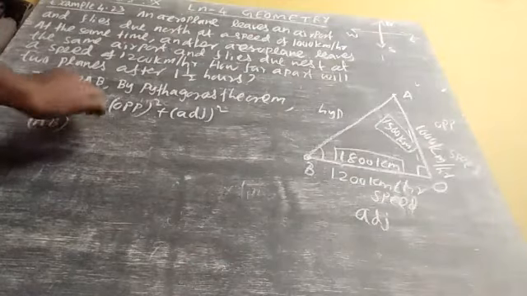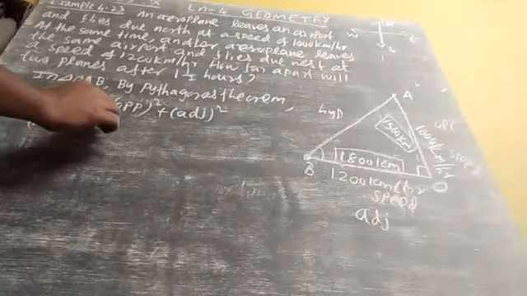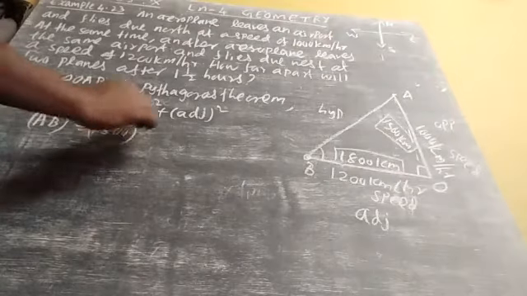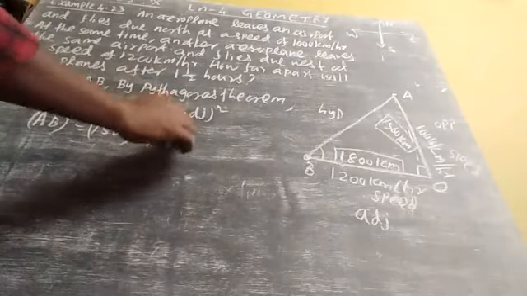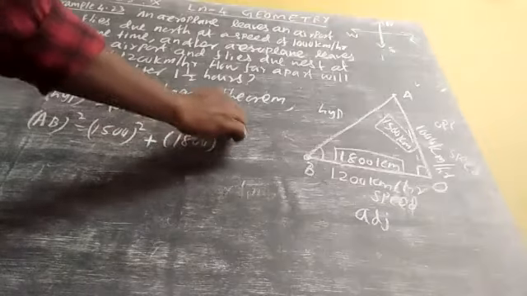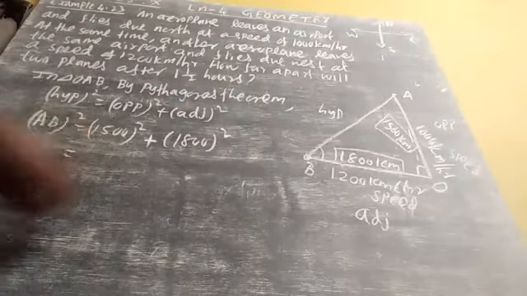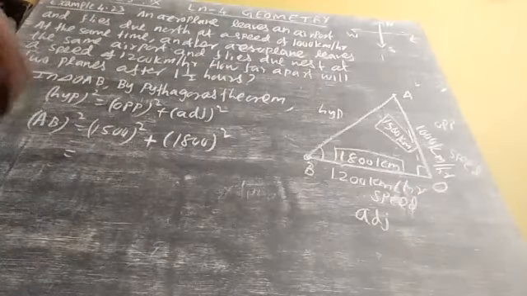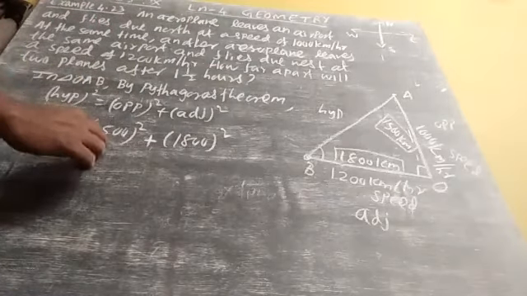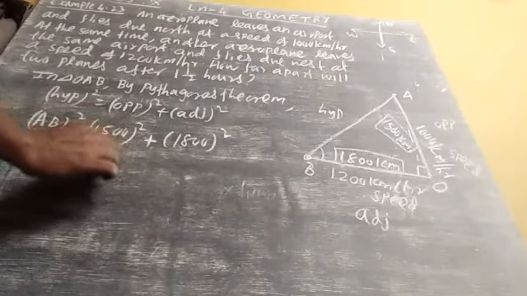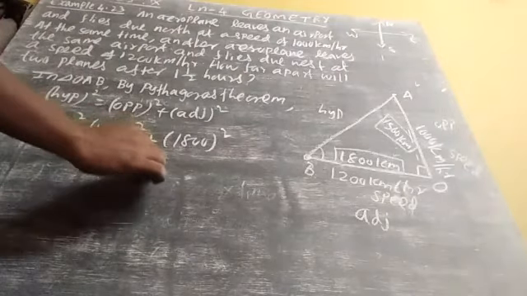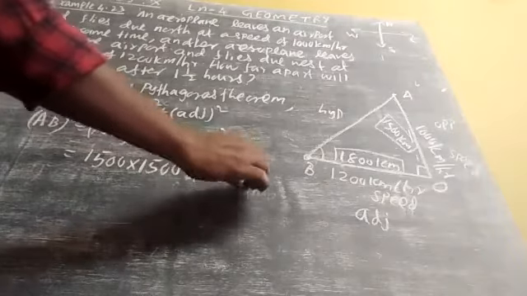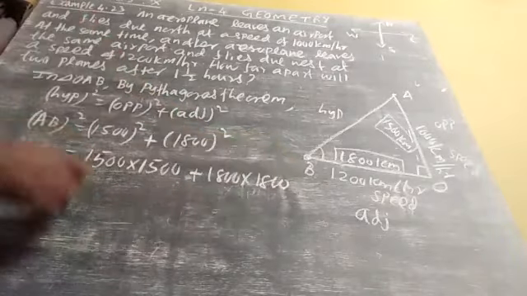AB square equals opposite square, which is 1500 square plus 1800 square. This I will say is the easiest method. No need to multiply 1500 into 1500, it's very difficult. For that I am showing an easy method. 1500 into 1500, 1800 into 1800.